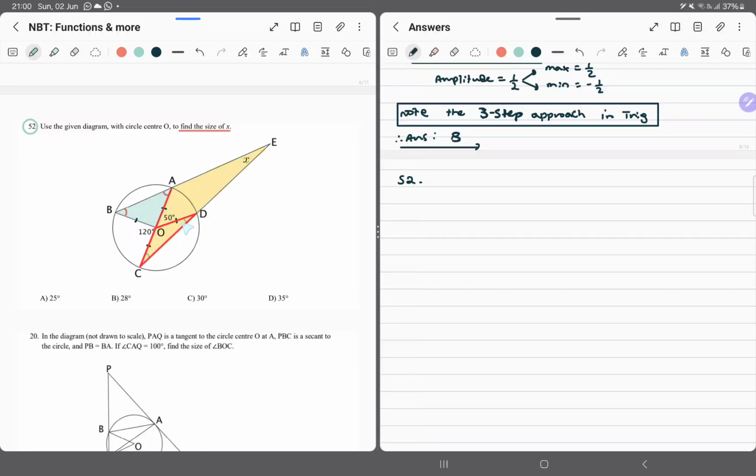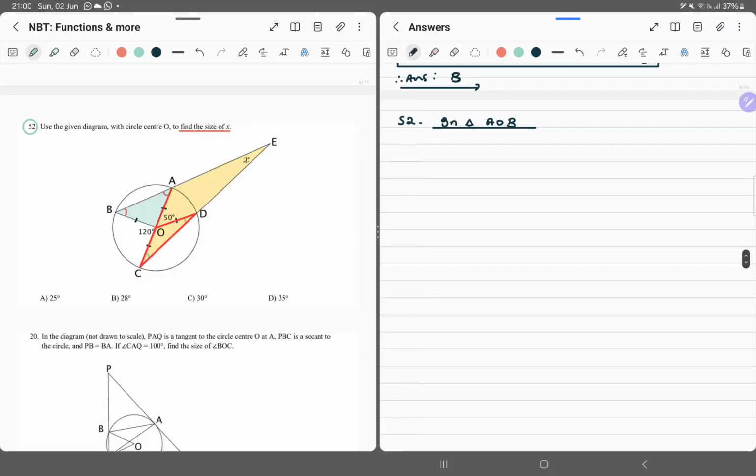Now we can see that we need angle C and we need angle A. So it doesn't really matter which one we start with. Let's start with the BAO or AOB. So we can say here in triangle AOB, we understand that basically angle BAC is equal to angle B. B is at least an easy angle.